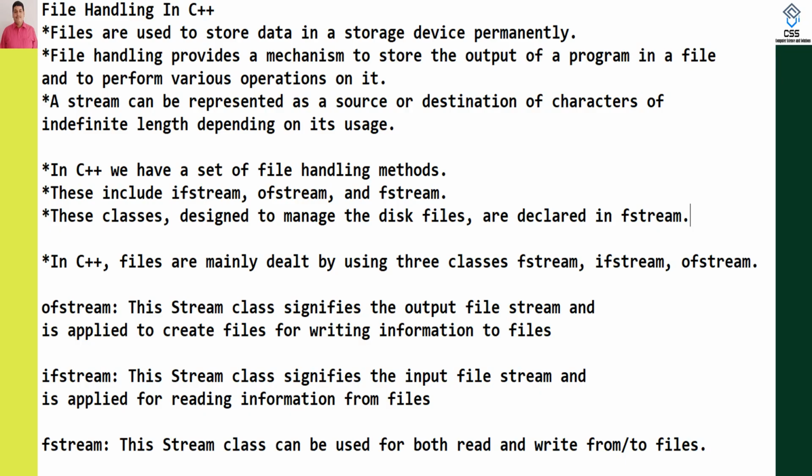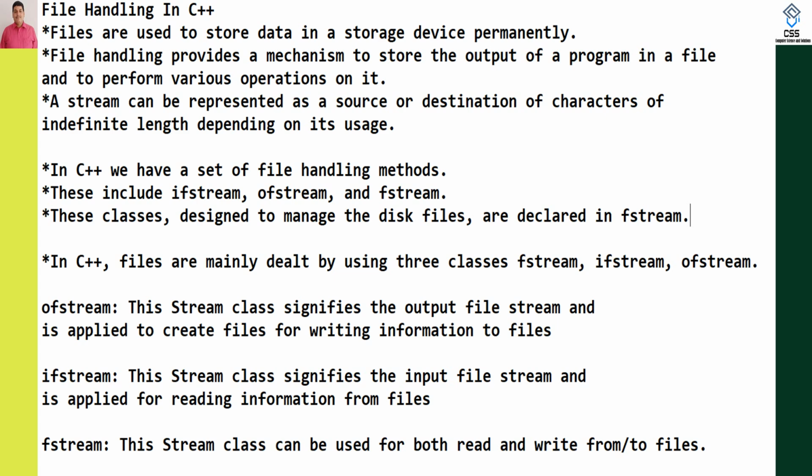Let's first come to why we need file handling. The answer is, we store the file in the C environment by giving the extension .c, in C++ by giving the extension .cpp, and that is stored in permanent media as your source code, the program we are writing. But our intention is how the output will be stored, because output is always visualized on the console, and that is temporary.